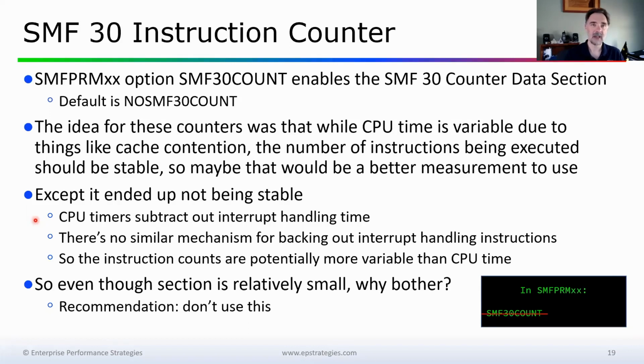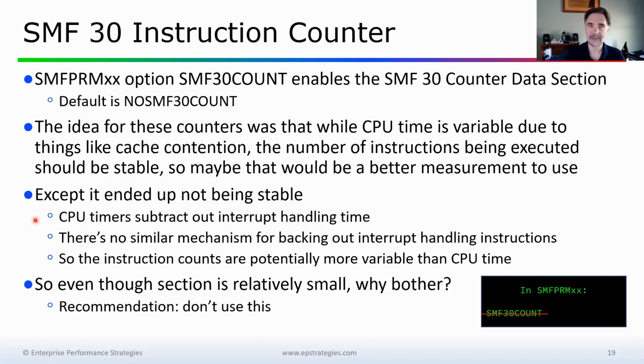So that batch job that's processing that data may have lost the processor momentarily because the processor was needed to process an IO interrupt, which may not have been from that batch job at all. Could have been something entirely different, right? And so that time that the CPU was taken away and was processing that interrupt is backed out of the CPU time recorded for the batch job.